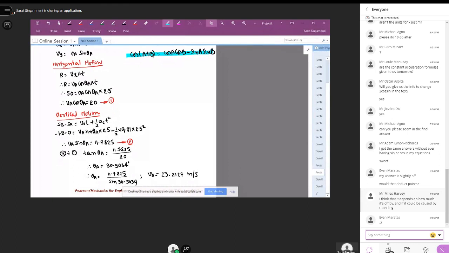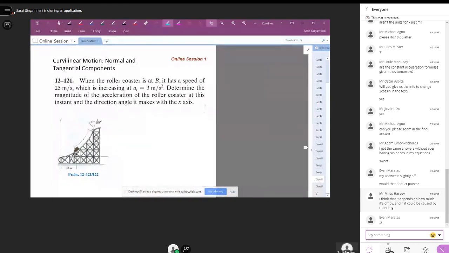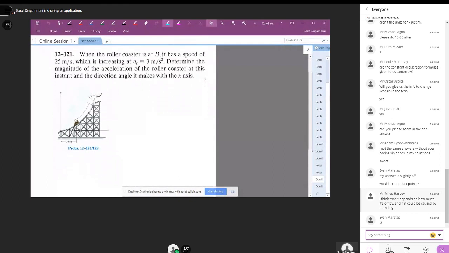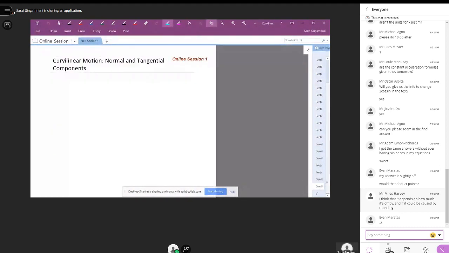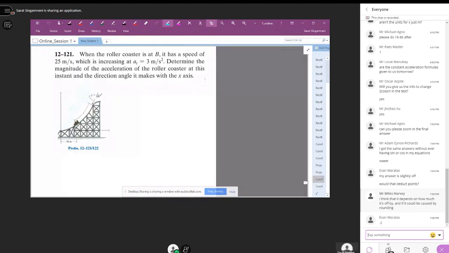Okay, then this problem I solved in the class today, and I will put that solution now because this problem is solved there. Before we go there, do you have any question here?